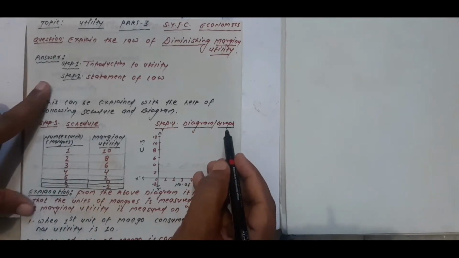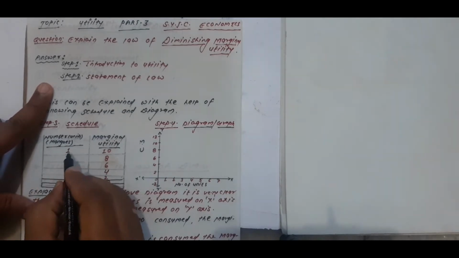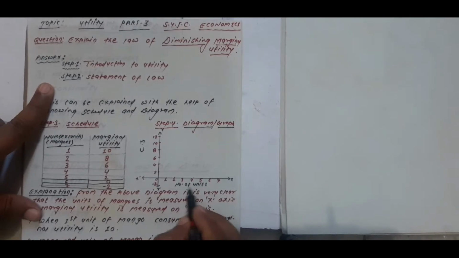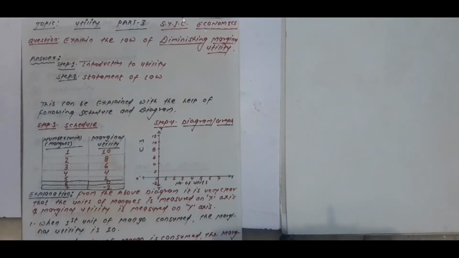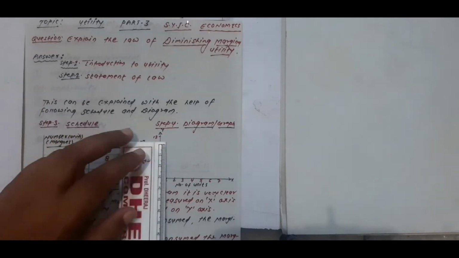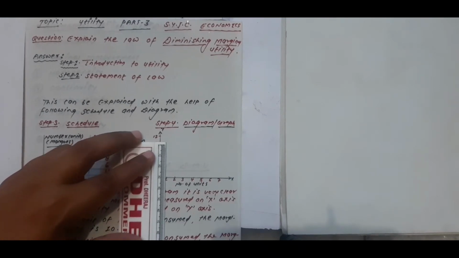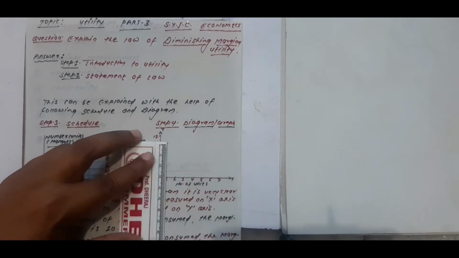Now, how to put the diagram and how to make the graph. See here, when the first unit of mango is consumed, the utility was 10. So at unit 1, your satisfaction is 10. How to draw this? Take the scale, and for 1 unit of mango, utility is 10.